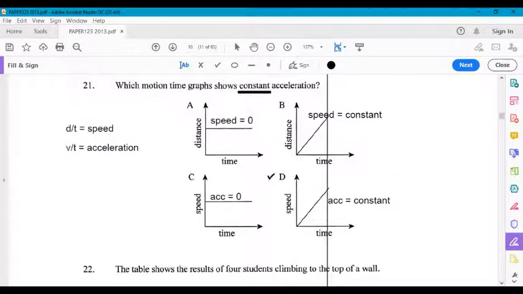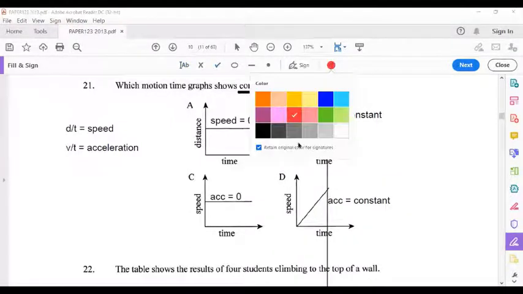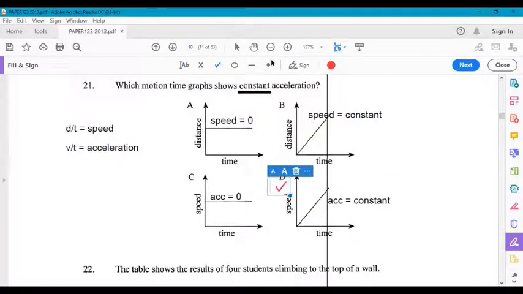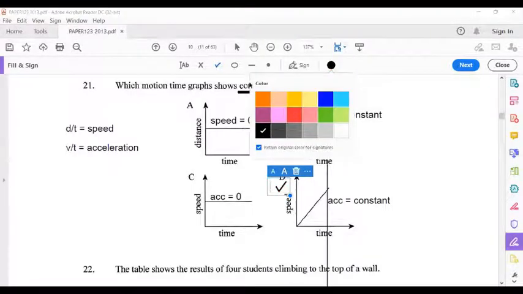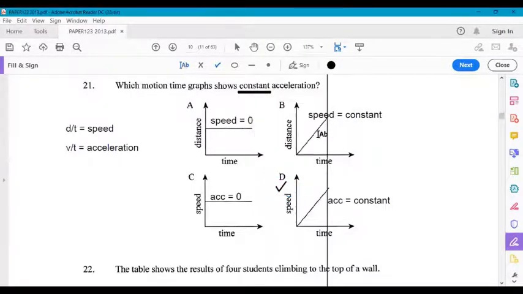So our answer is D. These can get confusing sometimes, but as long as you remember what the slope is for each type of graph, and you remember that flat means 0 and slanted means constant, then you should be okay.